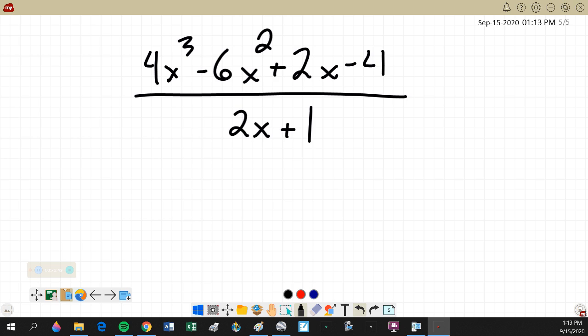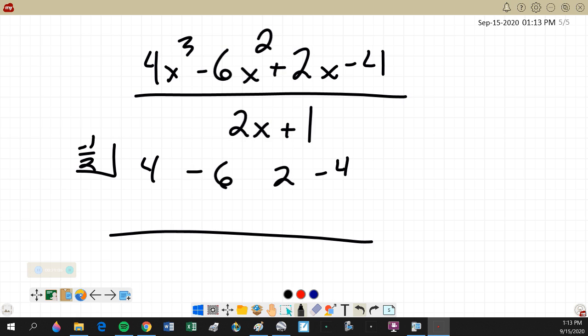No. And let me show you what happens when you try. You actually can, but it does mess things up a little bit. What would I put in the corner? -1/2. So that complicates things a little bit. 4, -6, 2, and -4.